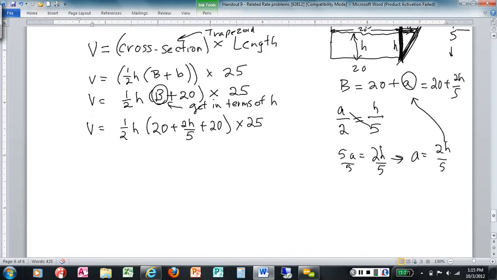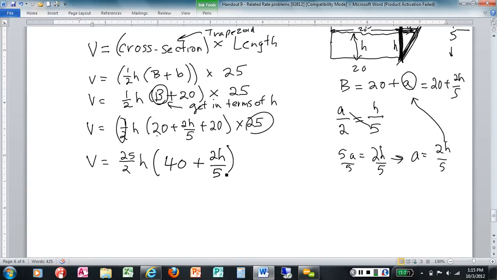All right. So how are we going to clean that up? Well, let's put the 1/2 times the 25 together. So that'd be 25 halves H. And in the parentheses here, I can add the 20, so I have 40 plus 2H over 5. Now, before I do the derivative, instead of having to use the product rule, I think it's going to be much nicer if we just multiply the 25 halves H in.